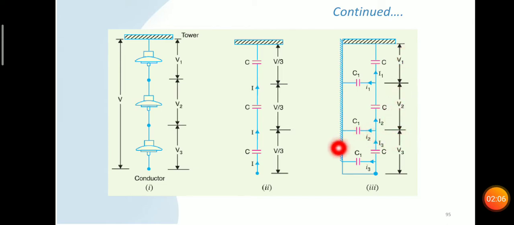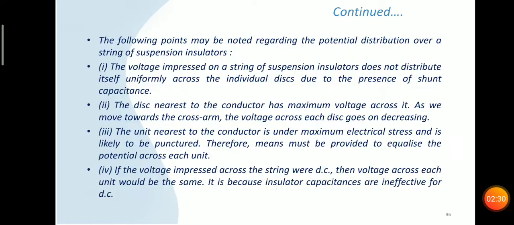In a suspension type insulator, the conductor is placed at the bottom of the insulator and the insulator is fixed on the top using cross arms. So, the disc nearer to the conductor will have the maximum voltage stress and it decreases as it moves on to the cross arm.